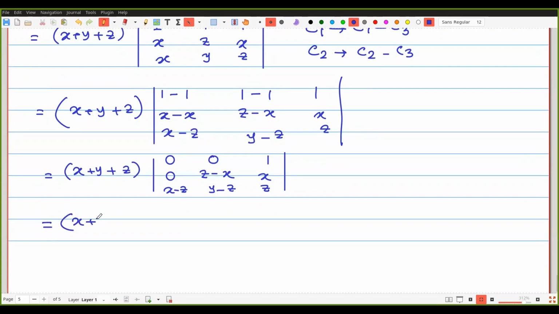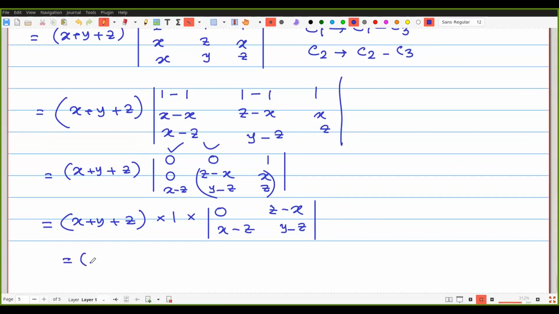Just x plus y plus z, that one 0, so that one is becoming 0, 0, so that one 0. So only 1 into just that portion, 0, z minus x, x minus z, y minus z. Moreover, that is 0. So that can be written as x plus y plus z into z minus x, x minus z.